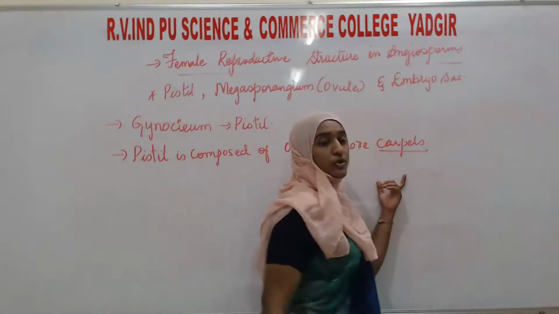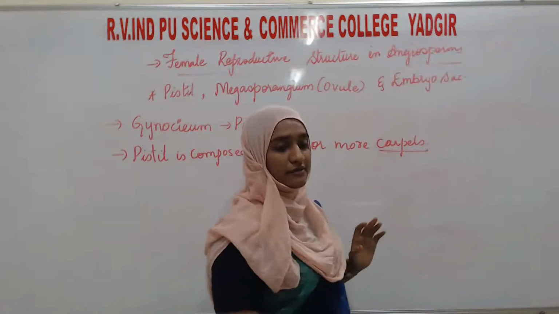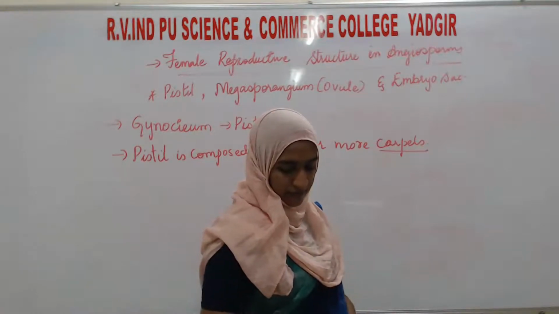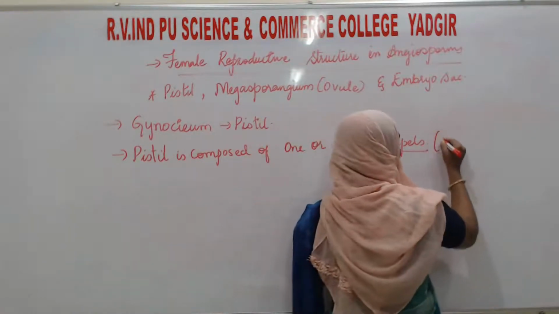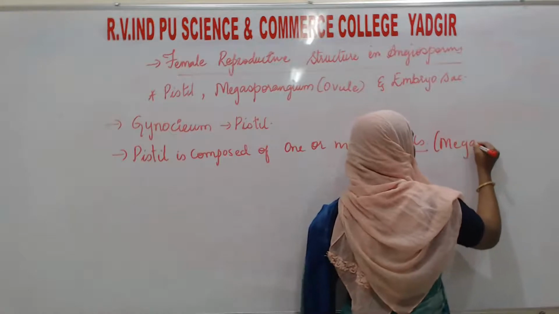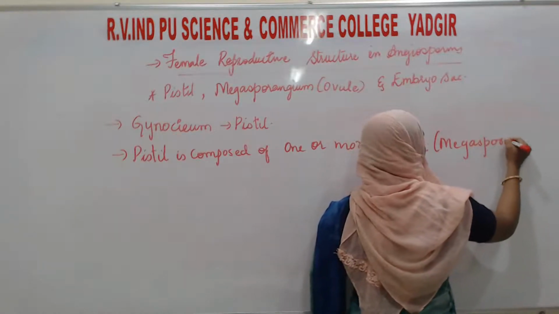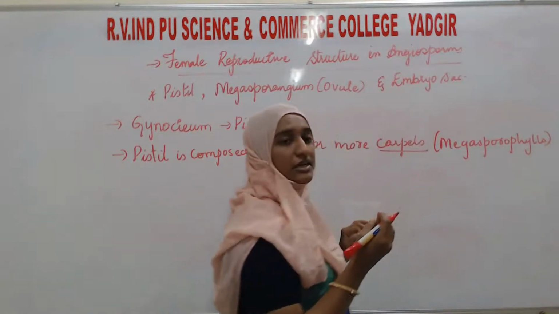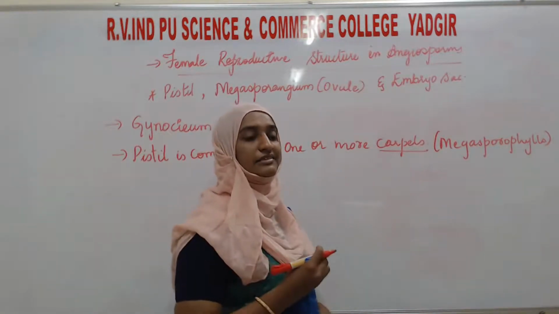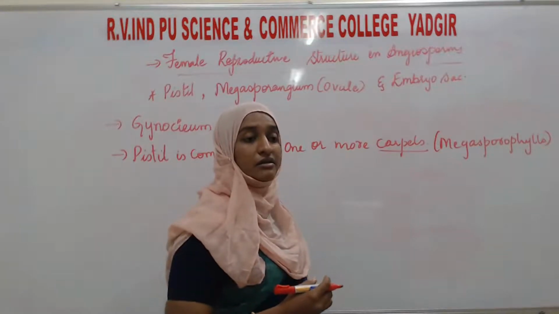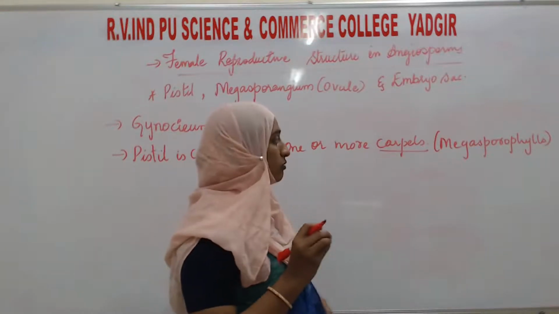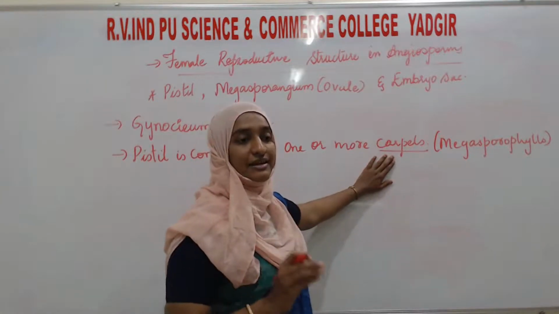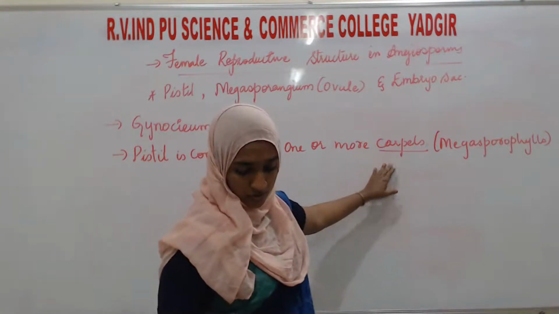This is the unit of the female reproductive structure. These carpels are also known as megasporophylls. As you studied in the male reproductive part, the anther is known as the microsporophyll. Like that only, the carpels are known as the megasporophyll.